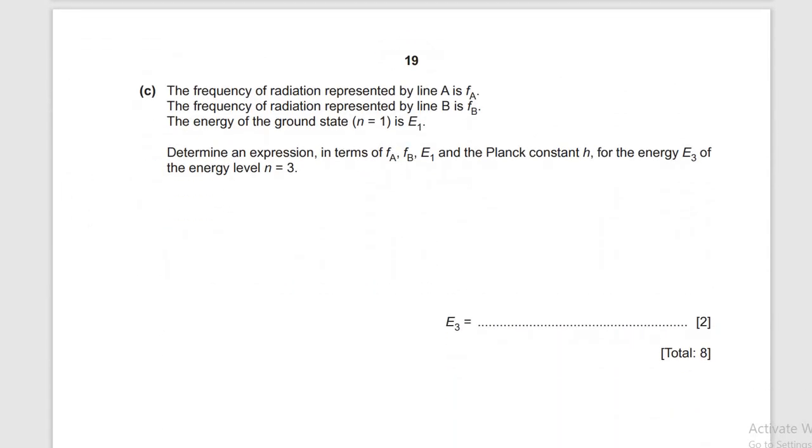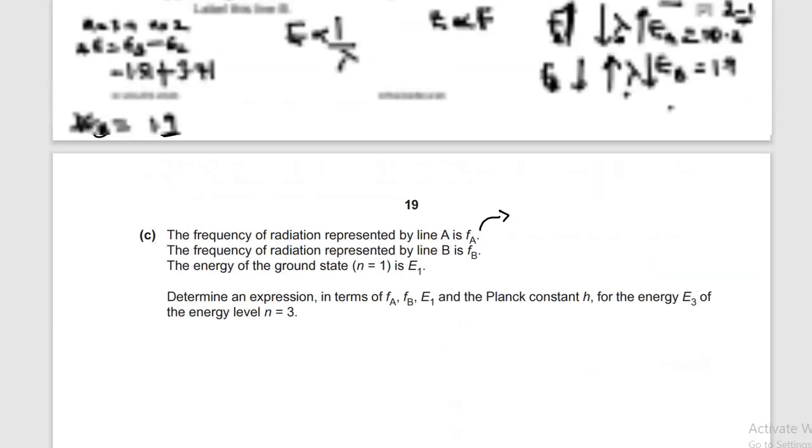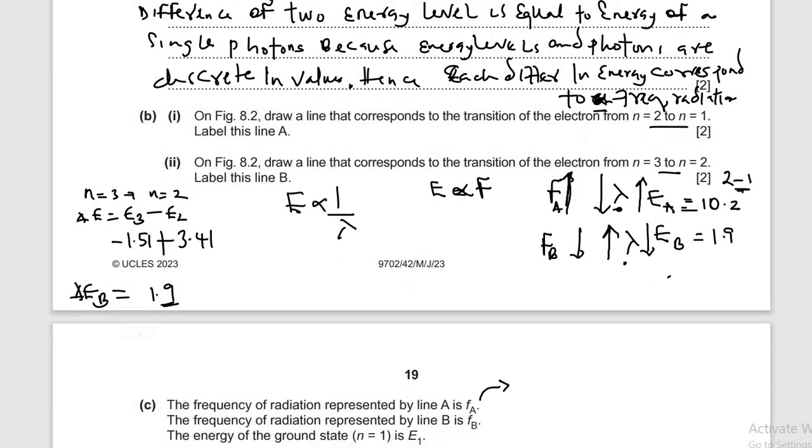Okay, the next question. The frequency that represents line A is FA. Line A, if you remember, I think it's from 3 to 2. Let's check it.